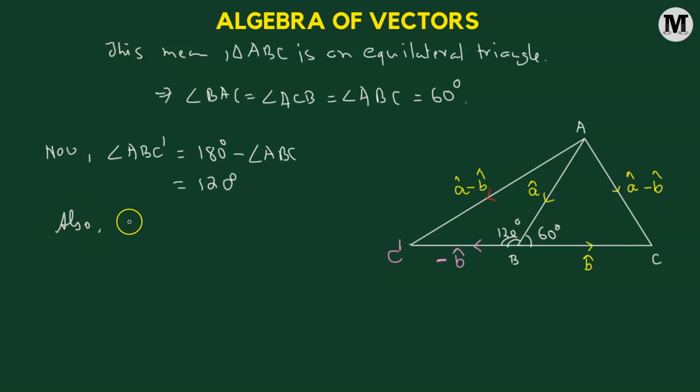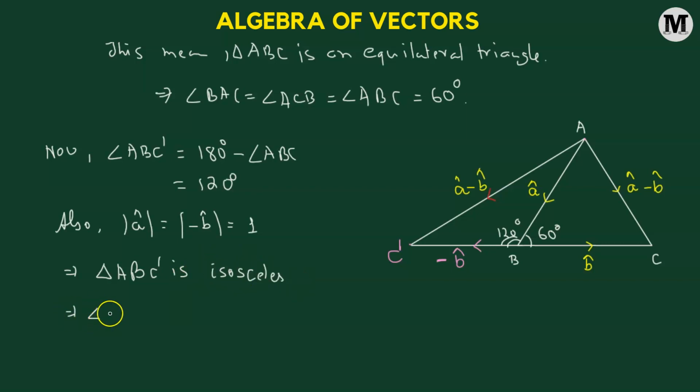Also, we know that the magnitude of a cap, which is AB, will be exactly equal to the magnitude of BC prime, which is negative b cap. That's exactly equal to 1. This tells us that triangle ABC prime is isosceles, which means that angle BAC prime will be equal to angle BC prime A, and that will be equal to 30 degrees.